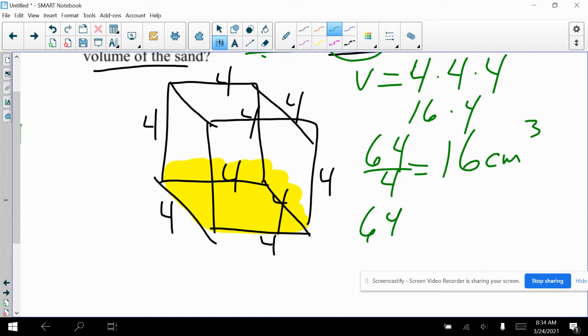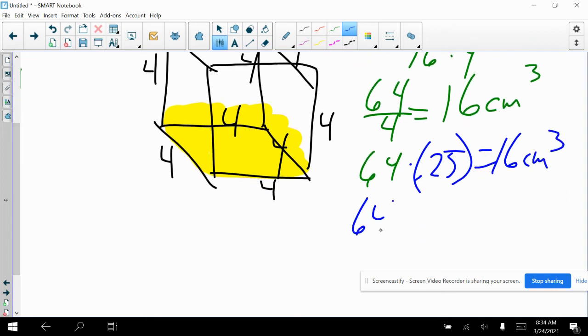What else could we do to 64? Brady? Multiply it by 25 hundredths. I like that. Very good. You get 16. What else could we do? It's another option. Times it by a fourth.